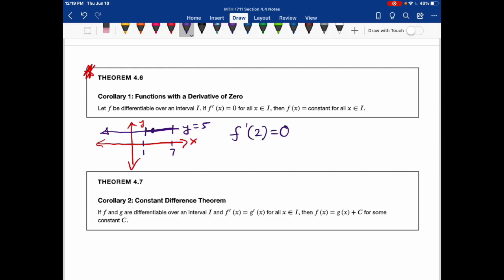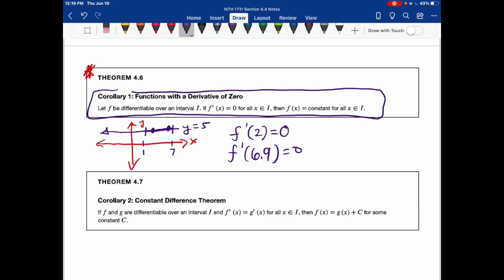So at f prime of 2, my derivative is going to be 0 because at that point, my tangent line has a slope of 0. If I pick another random point on that interval, like let's say 6.9, my derivative is going to be 0 at 6.9 because at that point I have a tangent line that has a slope of 0.